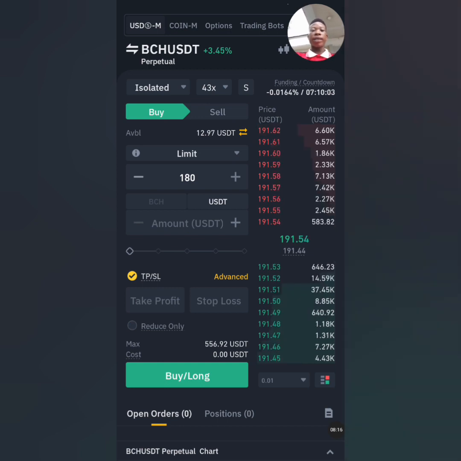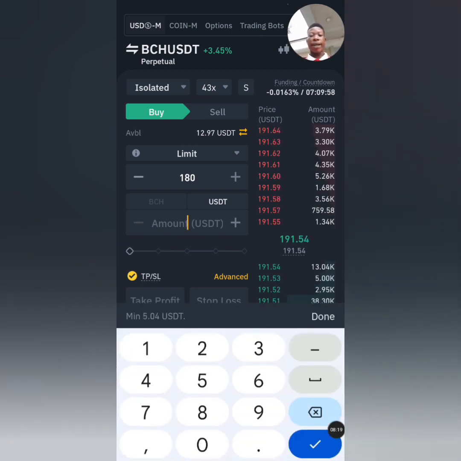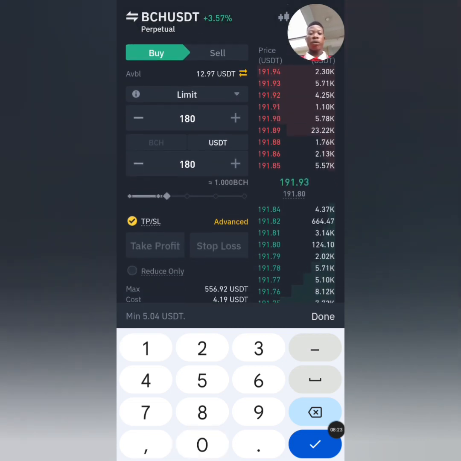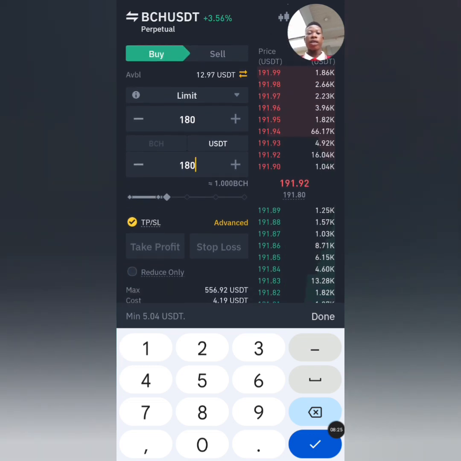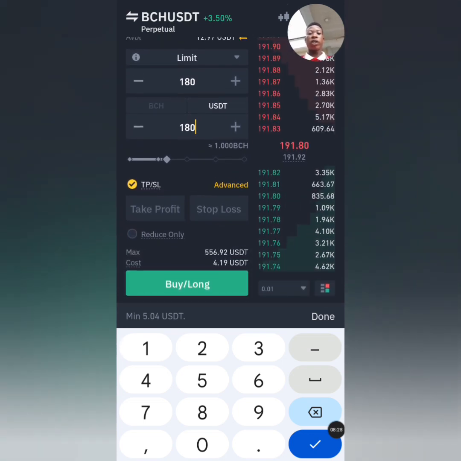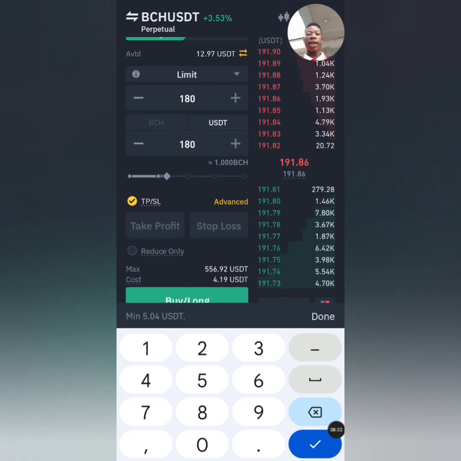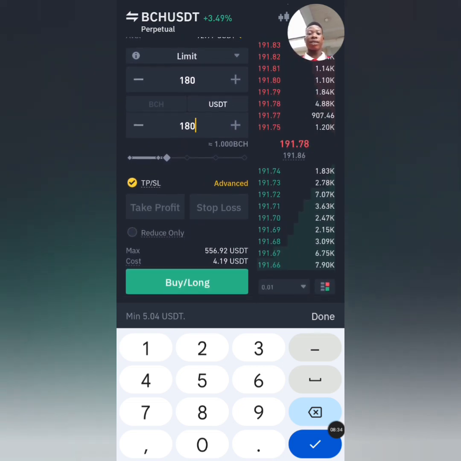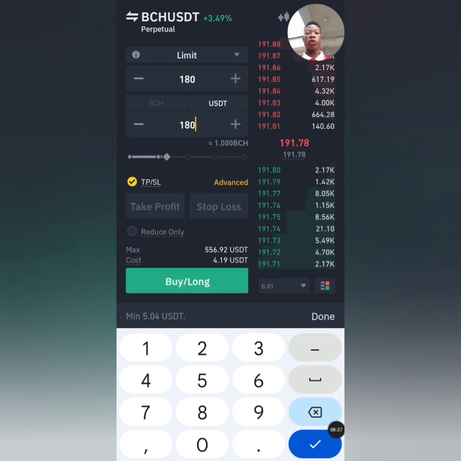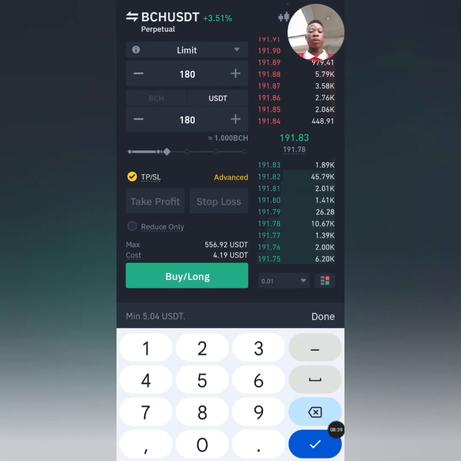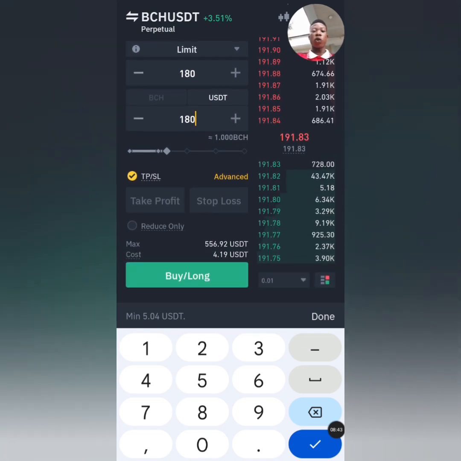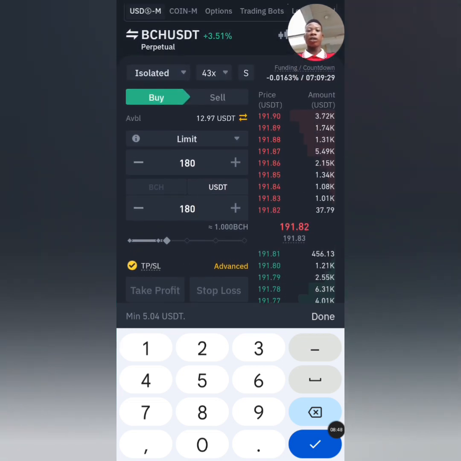If I'm using isolated margin and I pick a buy at 180 USDT with a total cost of 4.19 USDT, this simply means that if this trade goes against me and passes 176 USD, then my stop loss is hit. What is going to liquidate right here is only the 4 USDT that I have here. Only the 4 USDT will liquidate because I'm using the isolated margin.